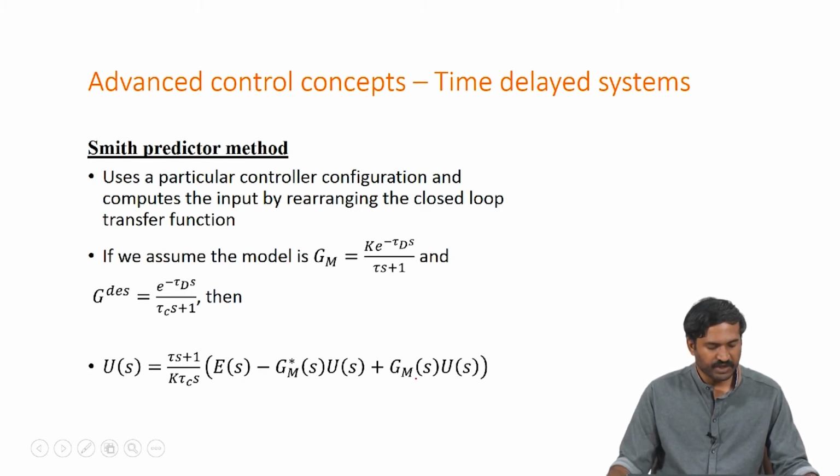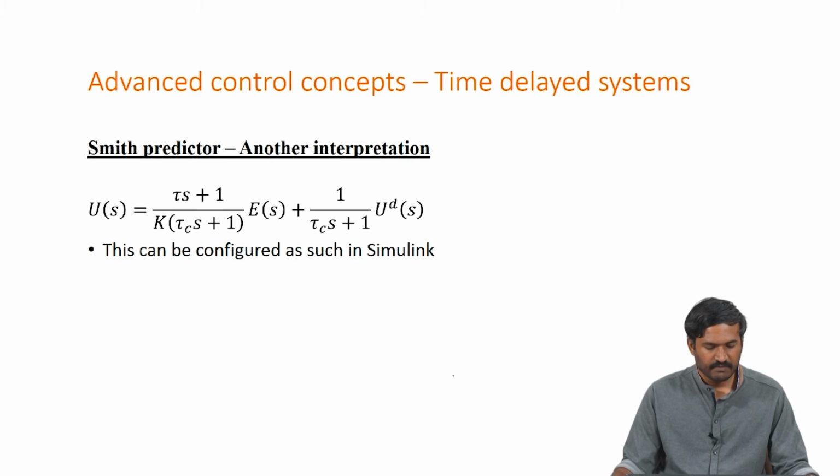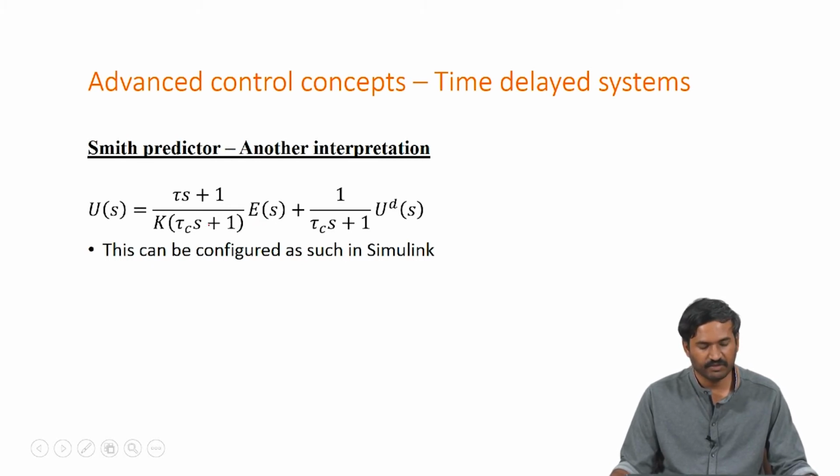So what we can do is, we can actually configure each element in Simulink and then see how the closed loop performance looks like. We can also use another interpretation which you have already seen in the videos, where we have an error signal passing through the controller and a delayed version of the input signal passing through another filter.